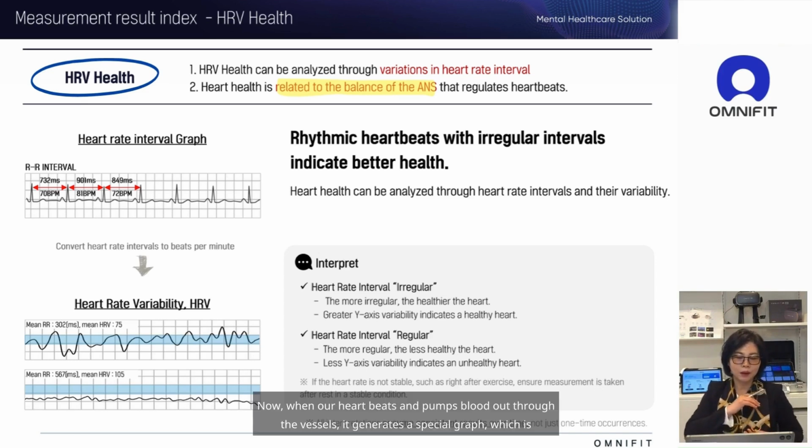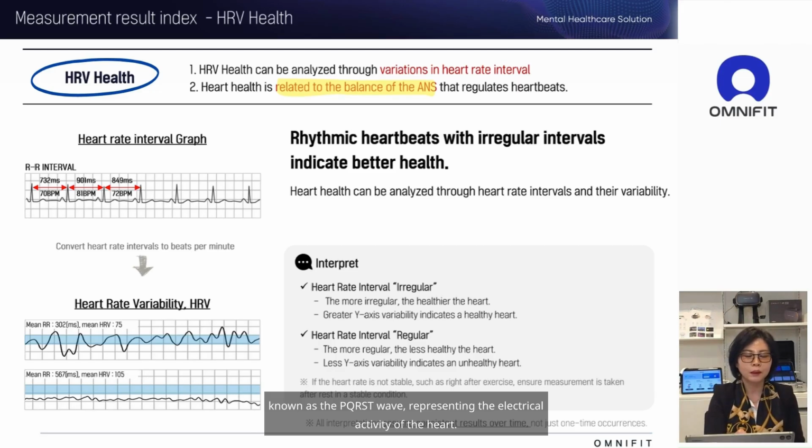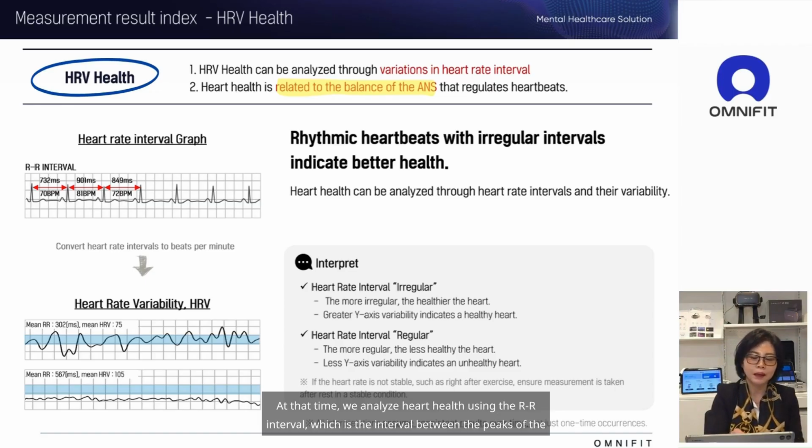Now, when our heart beats and pumps blood out through the vessels, it generates a special graph, which is known as the PQRST wave, representing the electrical activity of the heart. At that time, we analyze heart health using the RR interval, which is the interval between the peaks of the heartbeats.